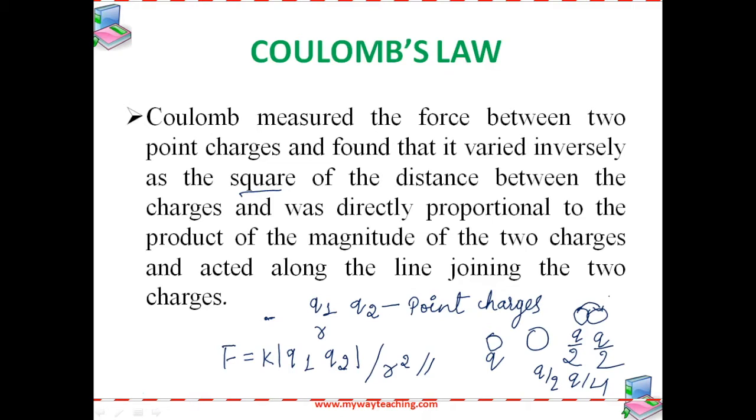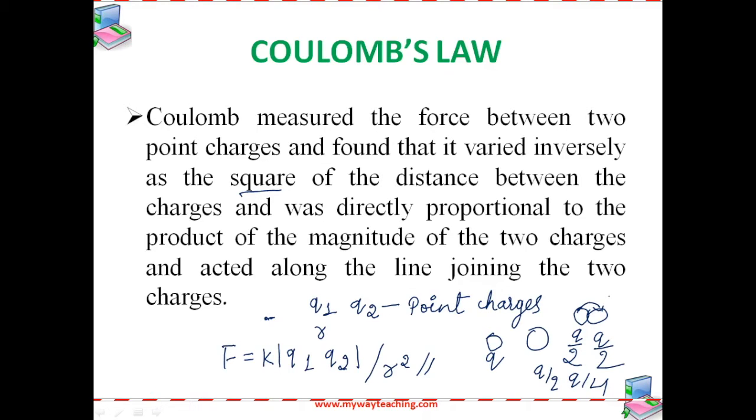So comparing forces for different pairs of charges at different distances, he got the equation, that is F is equal to K Q1 Q2 by R square. So this Coulomb's law, a simple mathematical statement, was initially arrived at experimentally in the manner I just described.